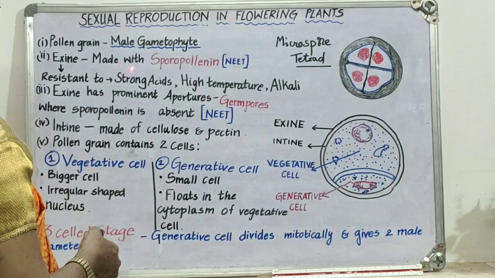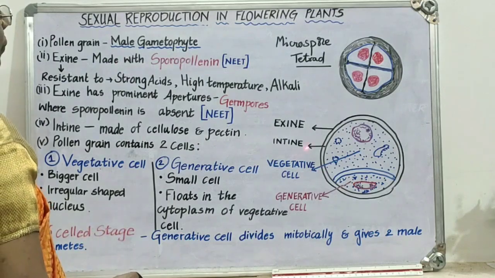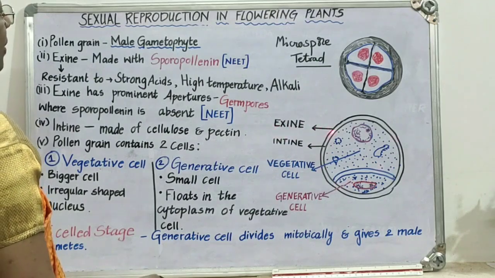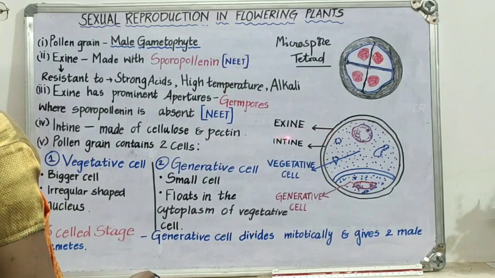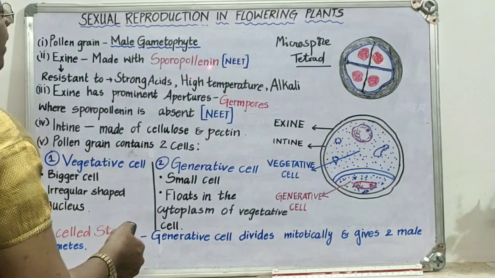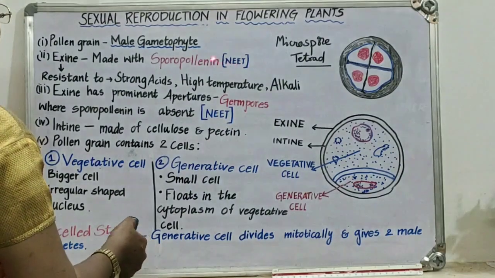Exine is made with sporopollenin. As I told you, exine is the outermost layer of the pollen grain. Sporopollenin is very important for NEET exam. So what is its importance?